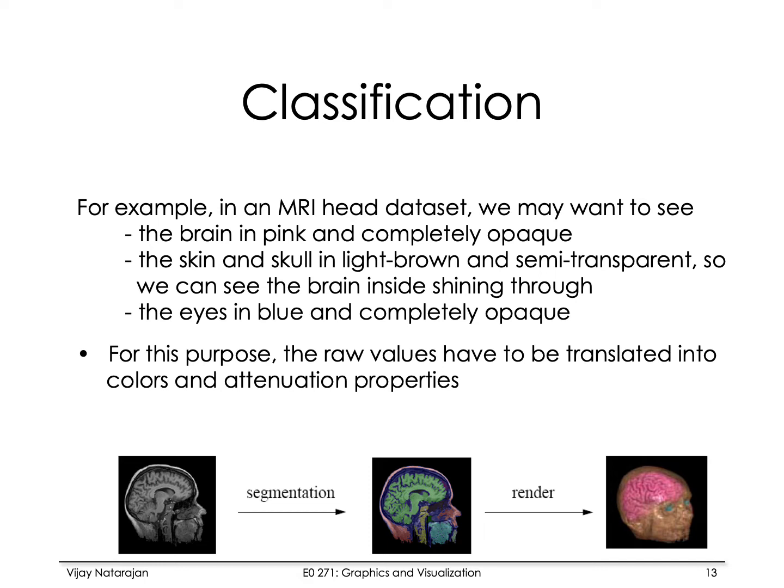So the volume rendering on the right was generated using this transfer function that mapped the raw scalar values to the different colors and attenuation properties. Of course, this mapping was possible because of a segmentation applied on the input data that allowed us to identify the different materials or the different components.